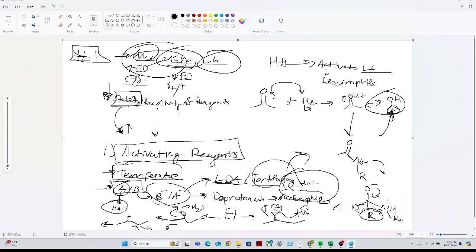In a biochemical context, you can activate leaving groups, especially hydroxys, because you have enzymes called kinases. I will remove this to illustrate what I'm going to describe.